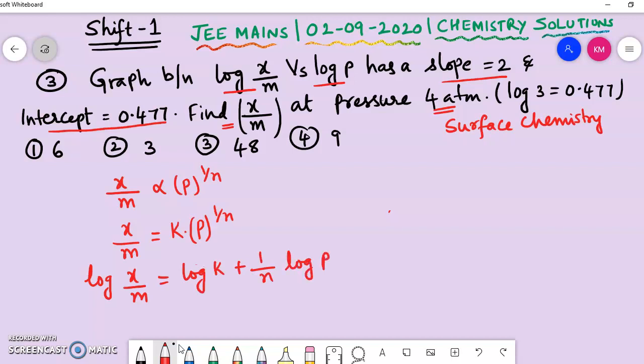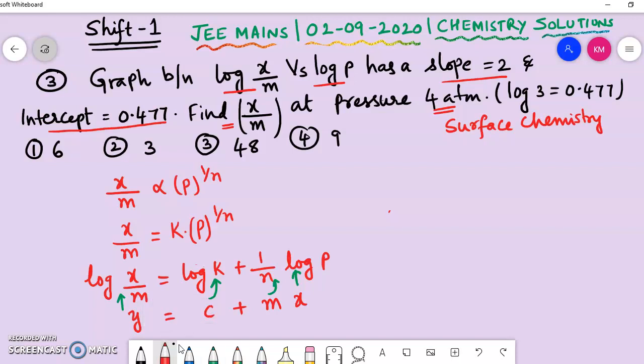So it is in the form of equation of straight line y is equal to mx plus c. Here c is the intercept, that is log k, m is slope, that is 1 by n, guys, right?